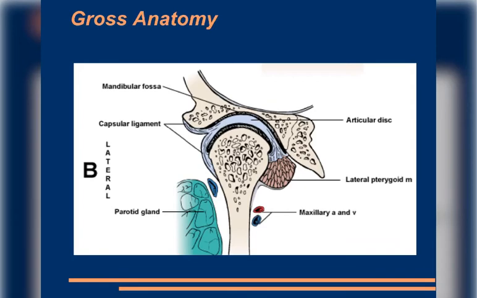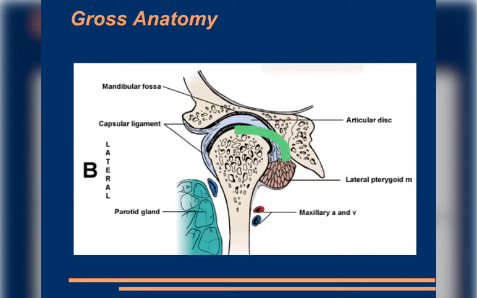Okay, in this figure we see here the head of the condyle. It's called the neck of the condyle. Here we see the glenoid or mandibular fossa. Here we see articular eminence.